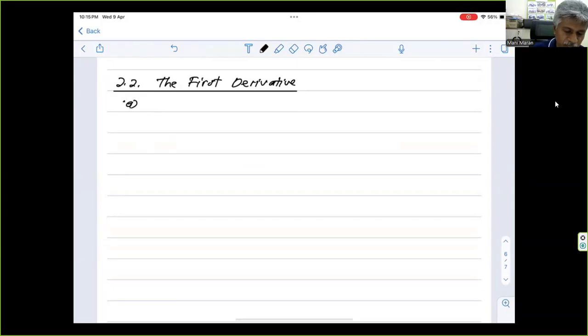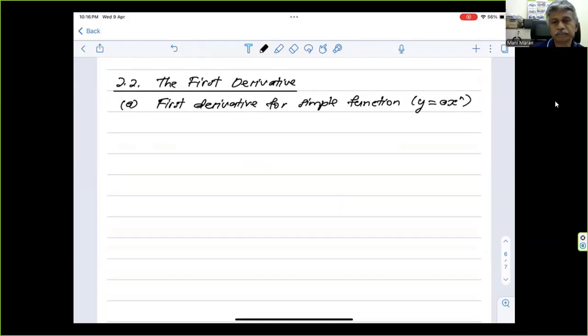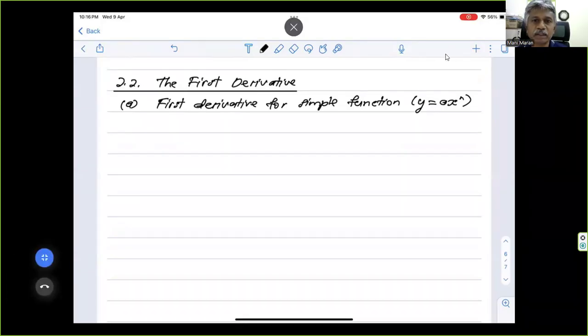Part A, you're going to look at the first derivative for a simple function. Simple function, like for example, y is equal to ax to the power of n. So if you are given a very simple function, how to find this first derivative?